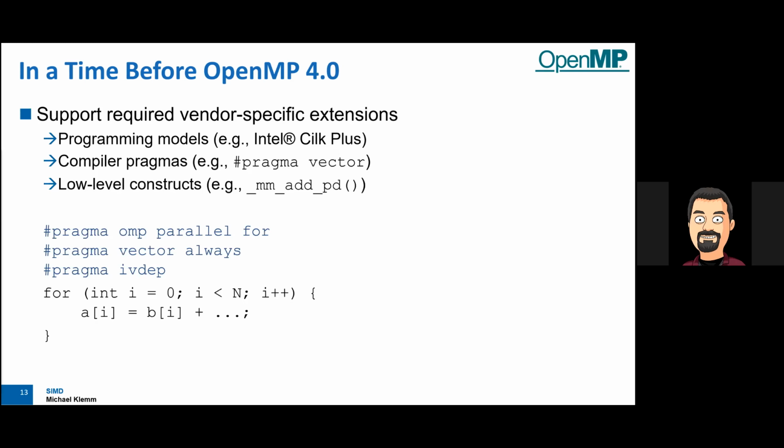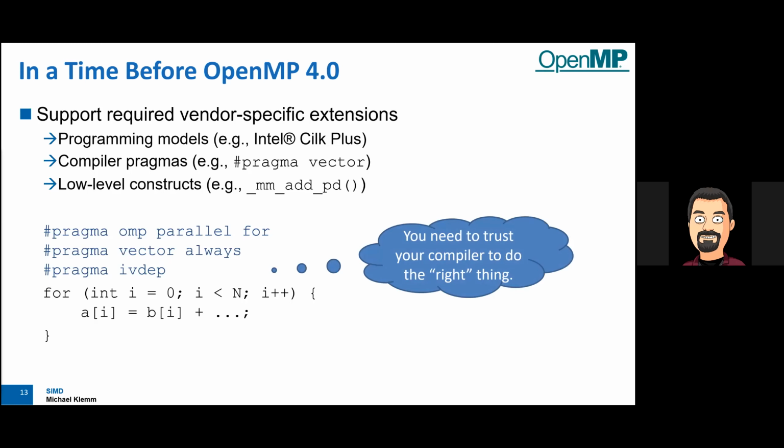Plus the vector always would also override the ones that the compiler has been able to prove, right? Now, the problem with that is you have to trust your compiler to do the right thing, right? Because this here, that part about pragma vector always and ivdep, that's no longer regular C code, right? Because you're using these vendor-specific compiler pragmas.